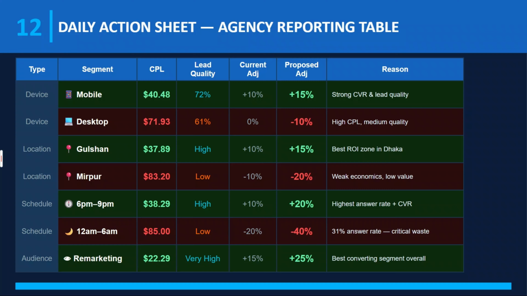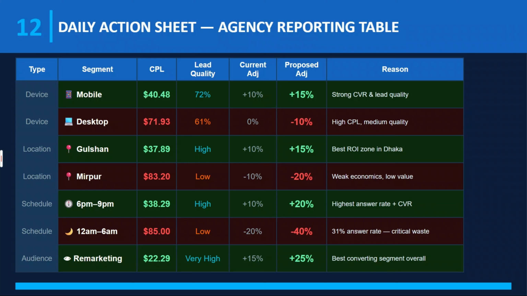We propose minus 10%. Reason: high cost per lead. Location CPL $37, best ROI zone, moving from plus 10 to plus 15%. Another location CPL $83, weak economics, moving from minus 10 to minus 20%.